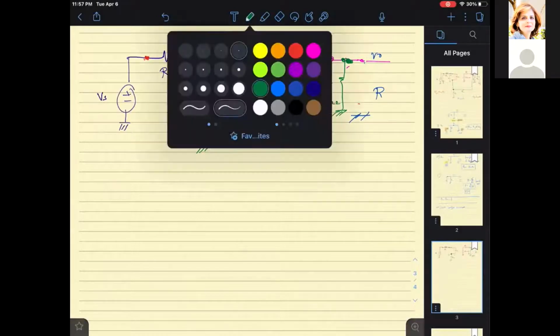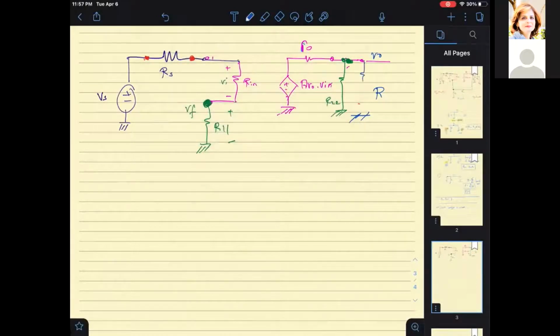So this circuit now is the modified A block, and the modified A block contains RS, it contains RL, it contains R11 and it contains R22. So this is the input and this is the output of the modified A block.